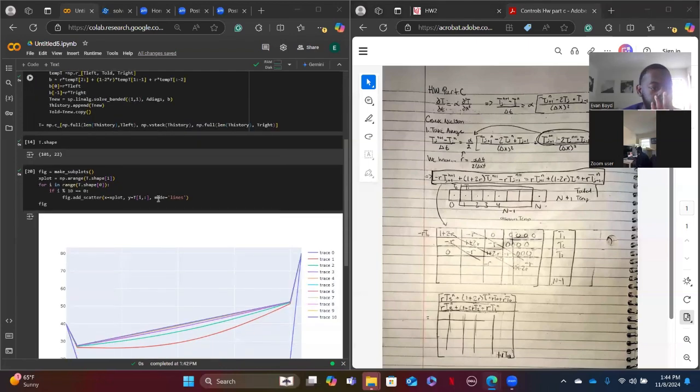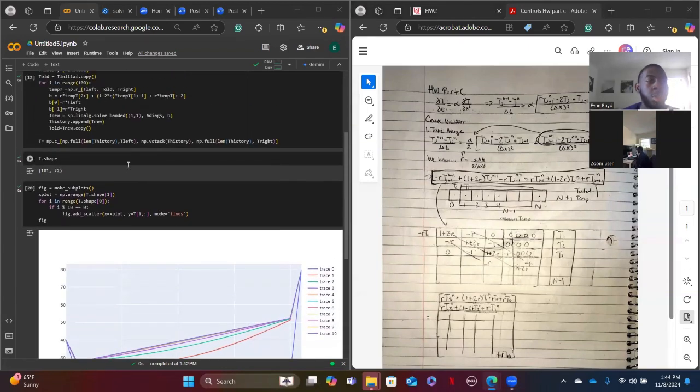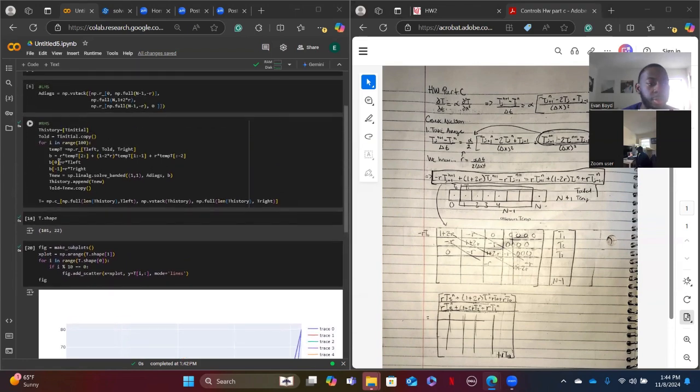Okay, so I see what the mistake was. The last thing we forgot to do is that for our two statements here, for our first point and our last point, we want our B's, our temperatures for the left and right, to keep being applied throughout the block, not just for the first and last time. So we want to keep adding these for the entire block as it runs 100 times.